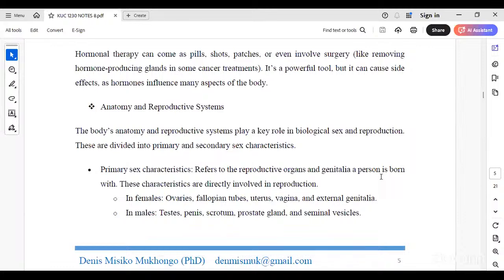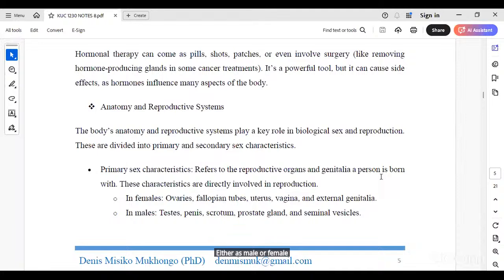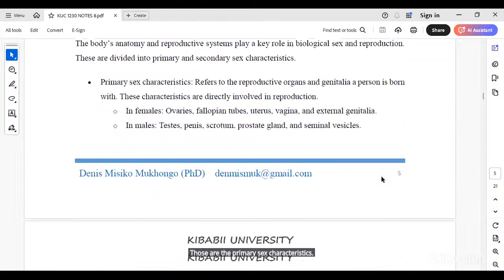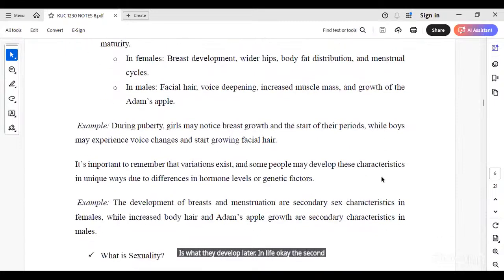Okay, so anything that a young child will have, those are the primary sex characteristics. Any anatomical feature related to the allocation of sex, either as male or female, that a child is born with, those are the primary sex characteristics. The secondary ones are what they develop later in life. Okay, the secondary ones are what they develop later in life.